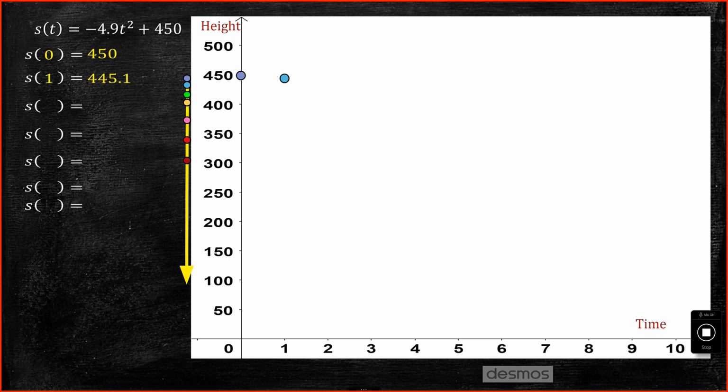And you can just kind of plot the points. It's going to be a rough sketch. You can't really know exactly where it's at.